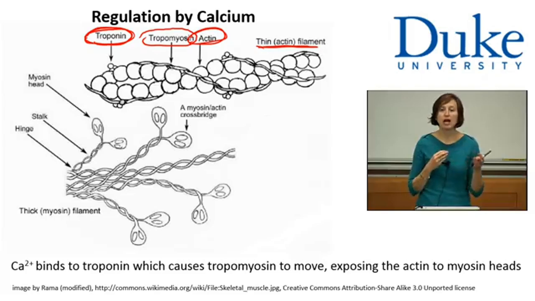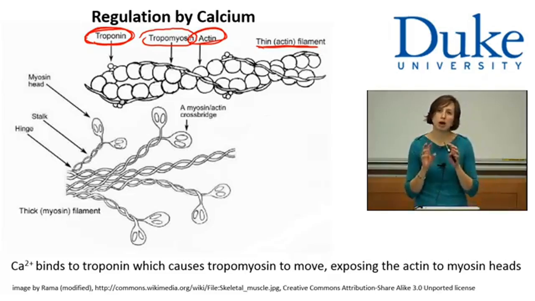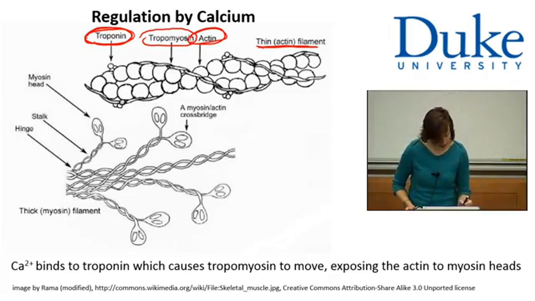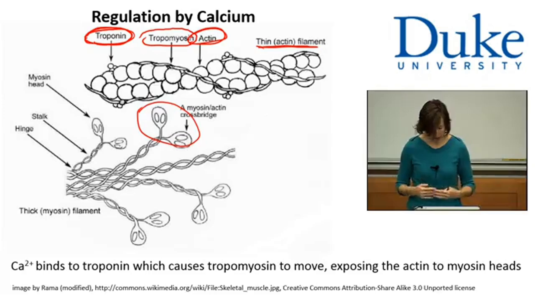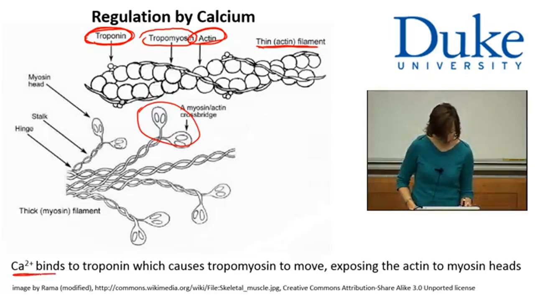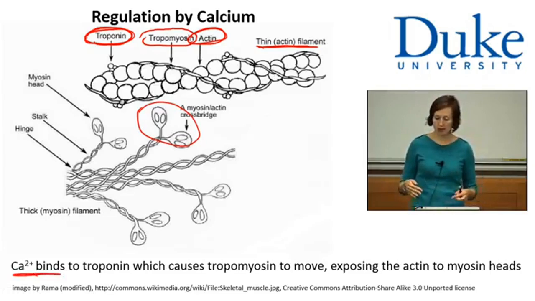So we have an effect of calcium that is acting on the actin, and this is going to be in contrast to calcium modifying myosin in smooth muscle. Down here below, we're seeing myosin, which will now be able to bind once calcium binds troponin, which will then move tropomyosin out of the way. So that's how calcium is going to regulate contraction, and we'll talk more about this very soon.